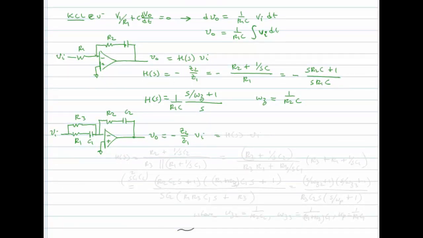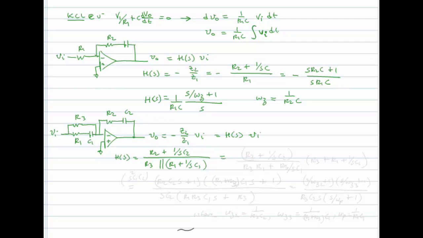Okay, so now we could write it as H of S times VI, where H of S is equal to, okay, Z2 is R2 plus 1 over SC2, divided by R3 in parallel with R1 plus 1 over SC1.